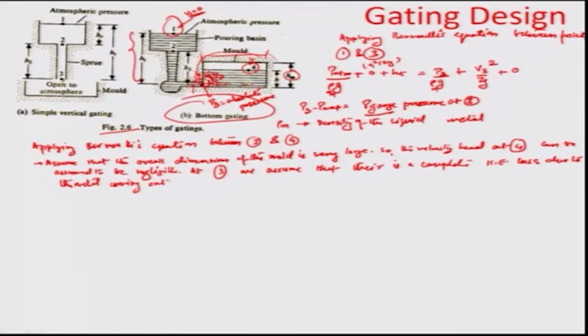So, there the kinetic energy is completely lost to the system, or we can assume that for this particular case the energy equation would be P 3 by rho m times of g is equal to the height h. So, we are assuming V 4 to be equal to 0. We are also in a way assuming V 3 to be completely lost as the metal enters the mold.